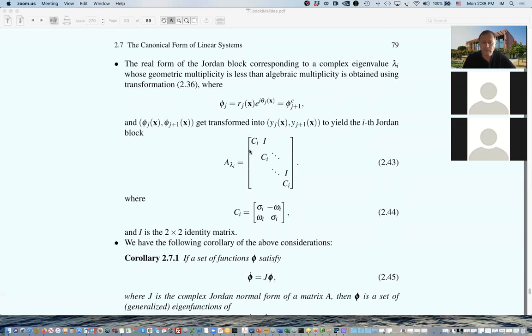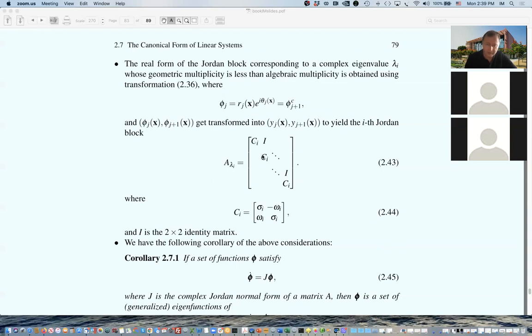Okay, so now we can work just a little bit more and try to get the real Jordan block structure. So we again use the polar transformation. So phi_j is equal to r_j e^(i theta_j), and then phi_j and phi_j+1 get transformed into y_j and y_j+1, and we get the Jordan block that looks like this.